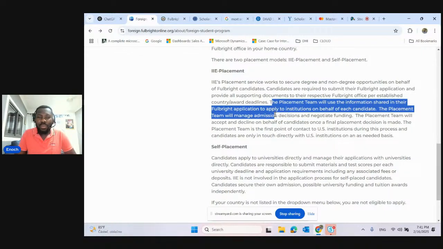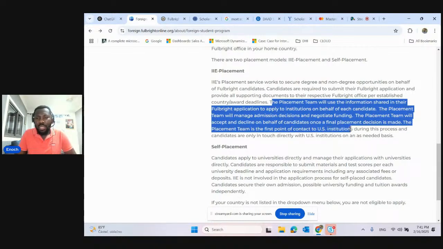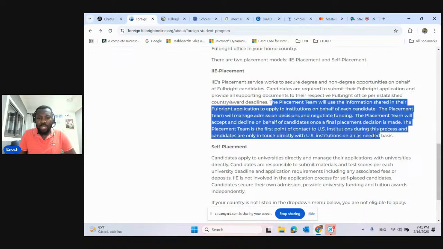The placement team will manage admission decisions and negotiate funds. The placement team will accept and decline on behalf of candidates once a final placement decision is made. The placement team is the first point of contact to US institutions during this process, and candidates are only in touch directly with US institutions on an as-needed basis.